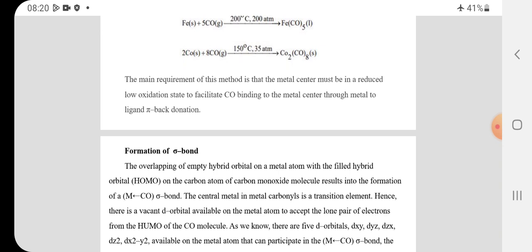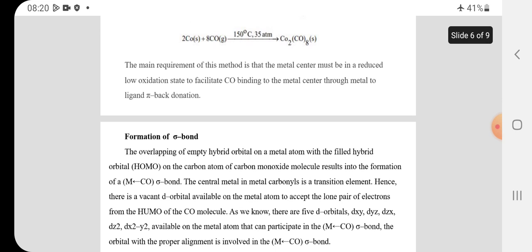Already we know the metals donate electrons to the carbonyl only through metal to ligand back bonding.